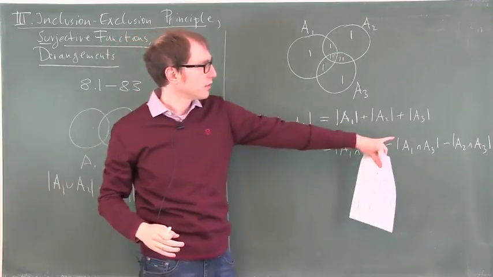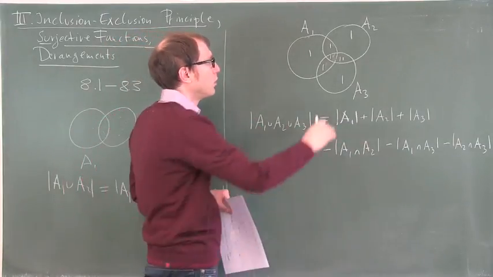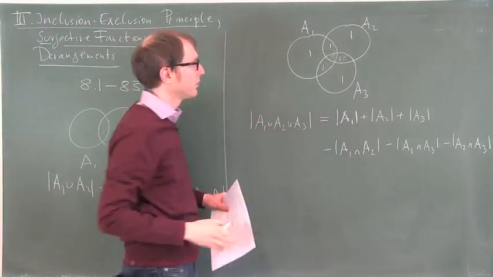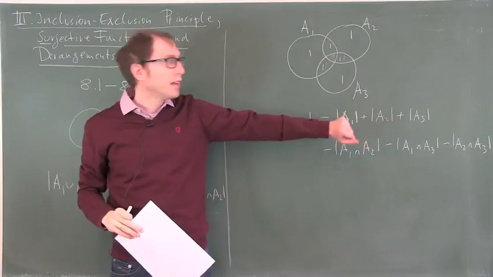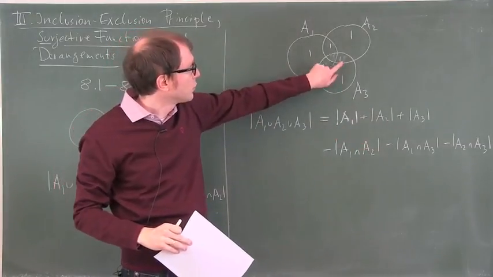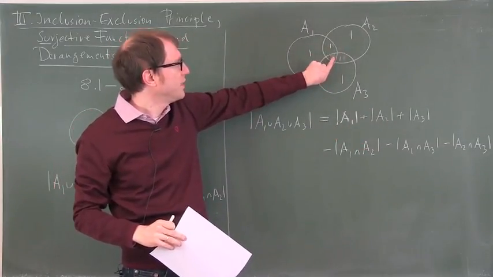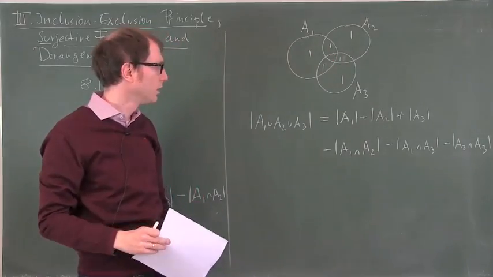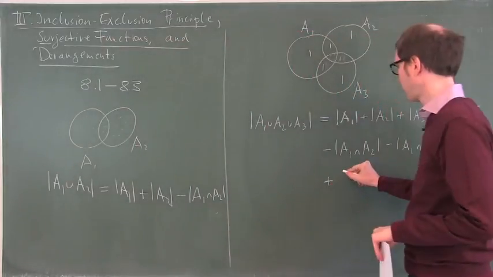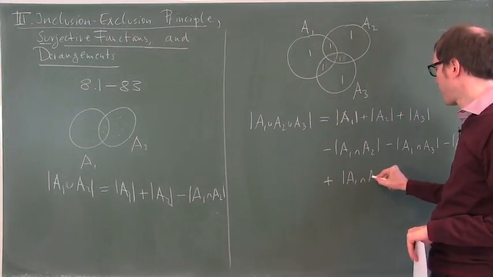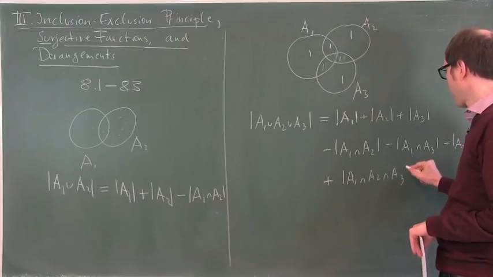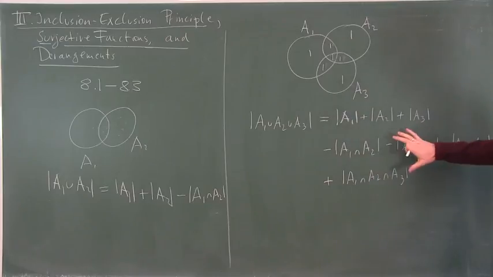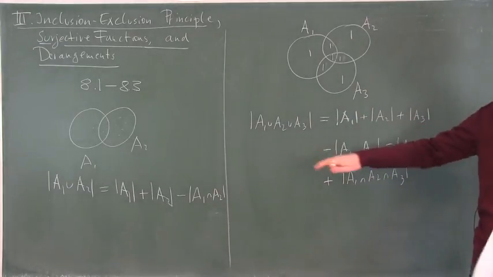And finally, A2 intersected with A3, so removing this and this. So what we see now is that this formula counts all the elements in here just once, but the elements in the intersection of all 3 sets don't get counted at all. So we add them in. And now, finally, we get the right answer. Now the right side equals the left side.